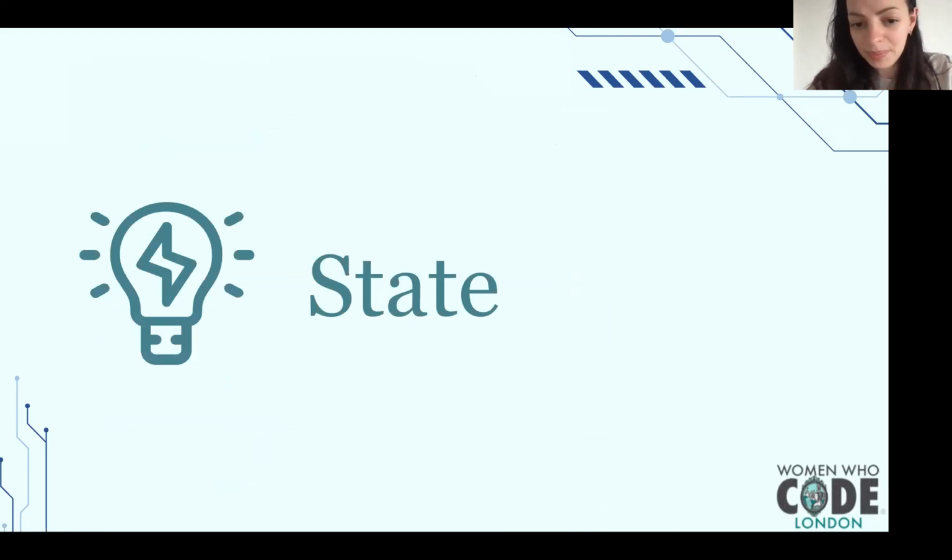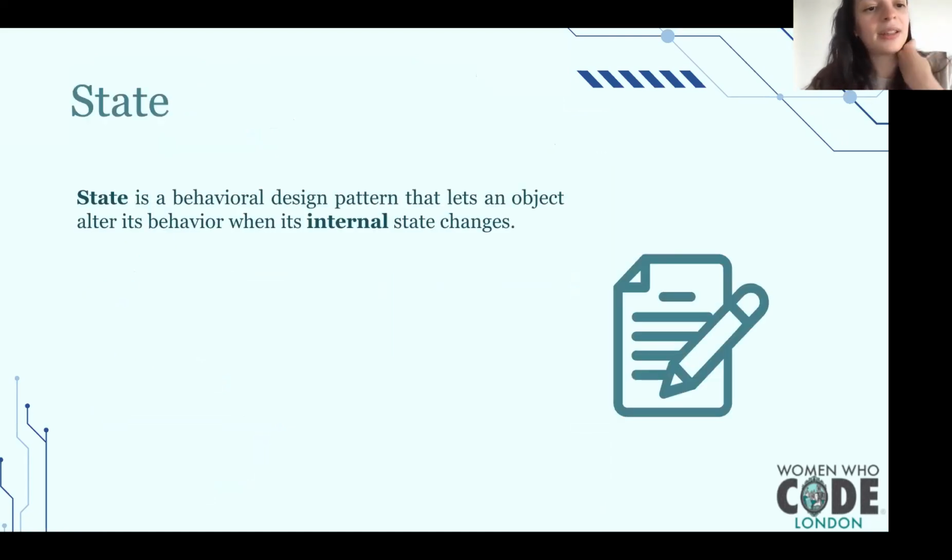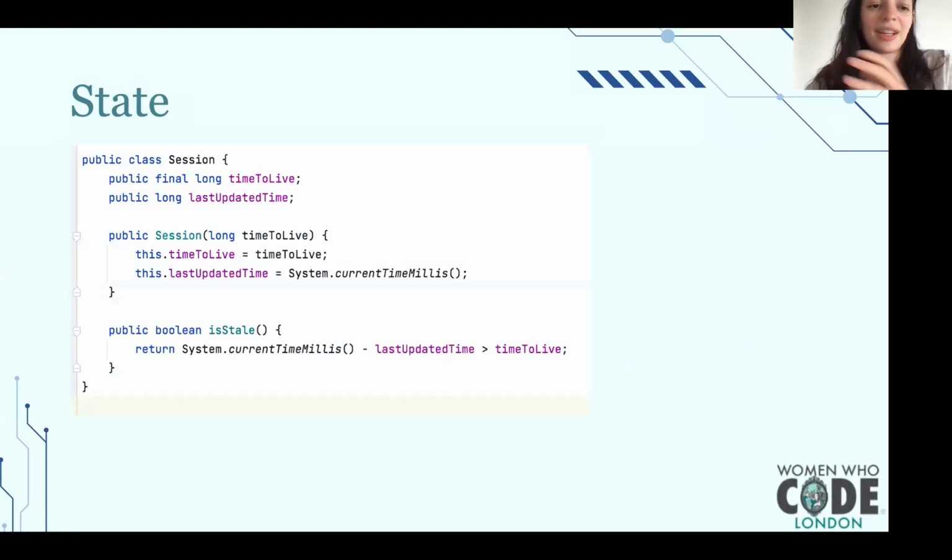Okay, so here the state pattern is coming in, and state is a behavioral design pattern that lets an object alter its behavior when its internal state changes. Honestly, I will just have some property that says the session is stale, instead of putting this method into the session collector class, because it's a collector and I don't want to put the logic about how session behavior is implemented there.